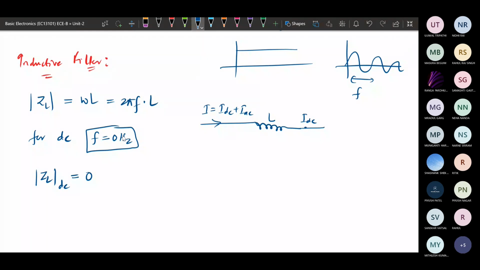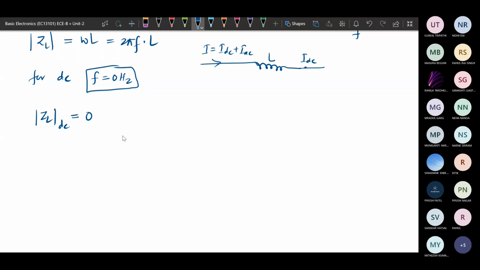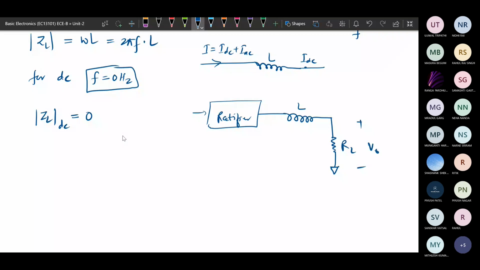In the rectifier we are getting the output. Suppose this is the rectifier. Whatever the rectifier output is, we connect an inductor in series with the output, and then the load resistance, and we get the output.